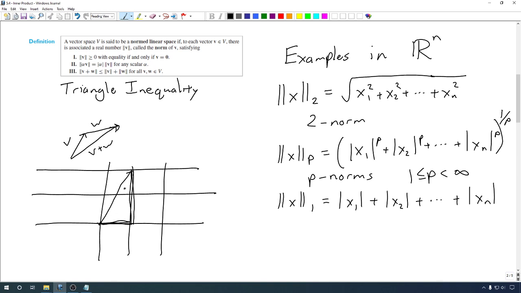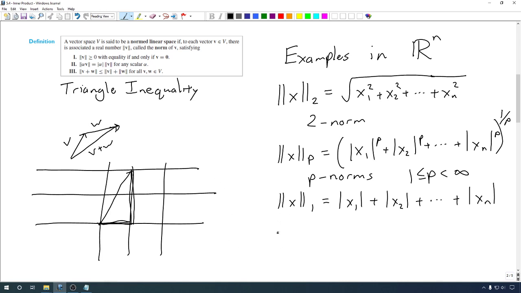Instead of going straight across, we're taking these two lengths and adding them together. And why it's called a taxicab norm is because that's the distance a taxicab would have to drive to get from this intersection to that intersection. So it's an okay way to measure distances in certain situations. And that's really what we're doing with norms. We're trying to measure distances in different ways.